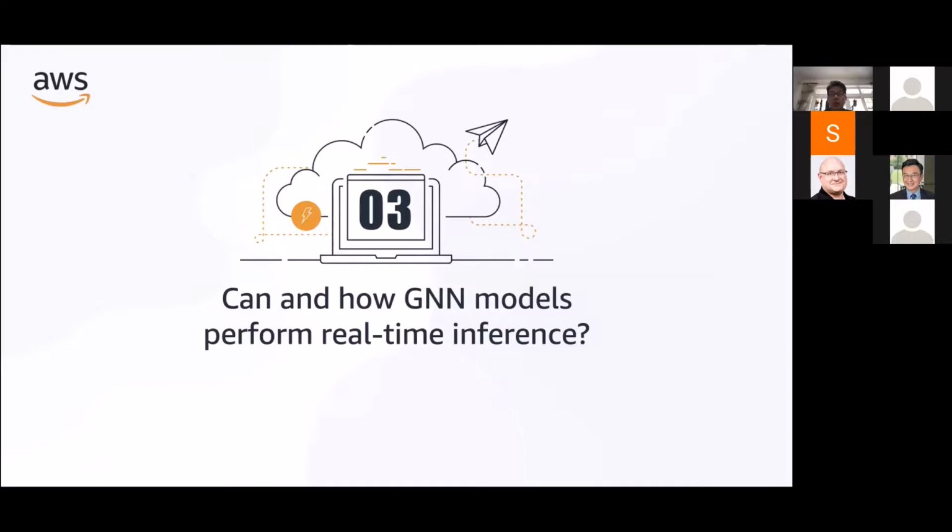So actually, if we want to take our GNN model to production, many times the customer will ask me for real-time inference, because in many business cases they want real-time inference capability to help them capture fraudsters or make recommendations in real time.